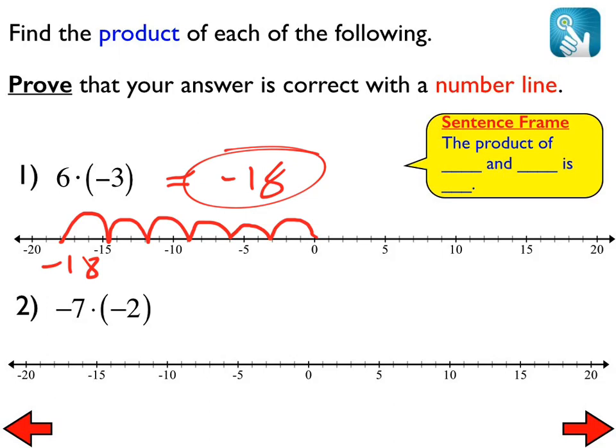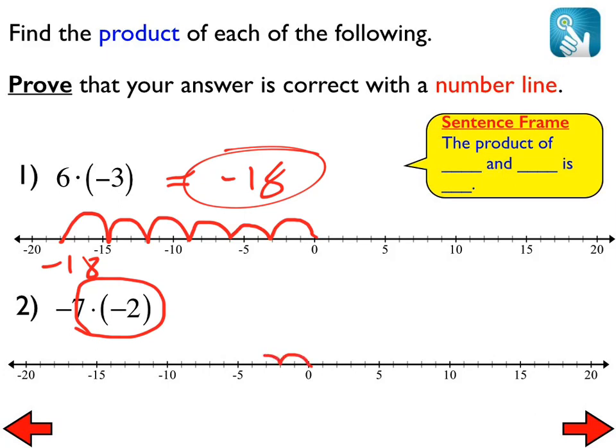How about number 2? The product of negative 7 and negative 2 is 14. All right, very good. And the way that we're supposed to do this with a number line is we're thinking about this in terms of the opposite of 7 times negative 2. 7 times negative 2 is 7 groups of negative 2.